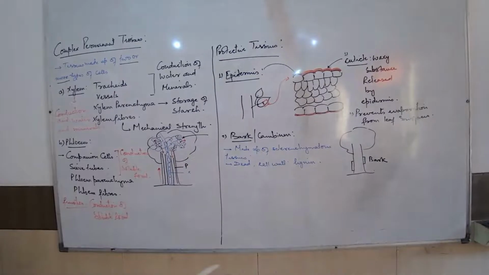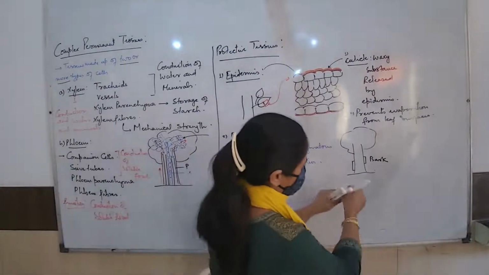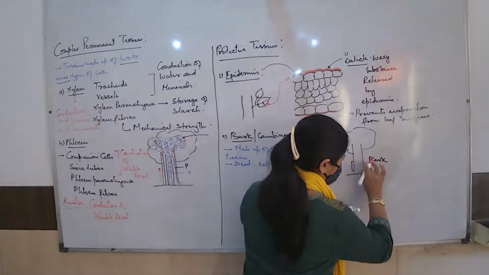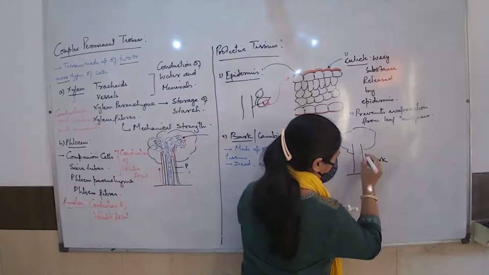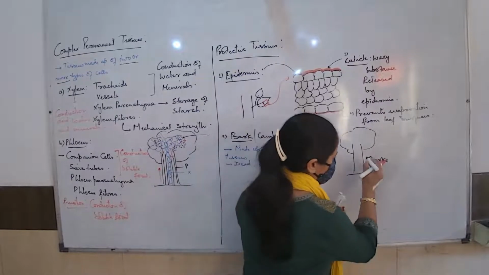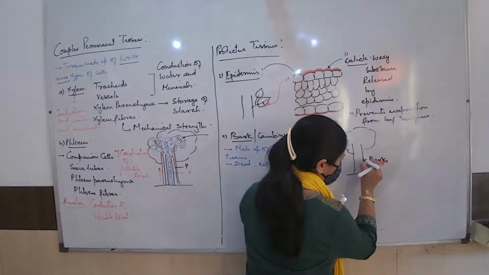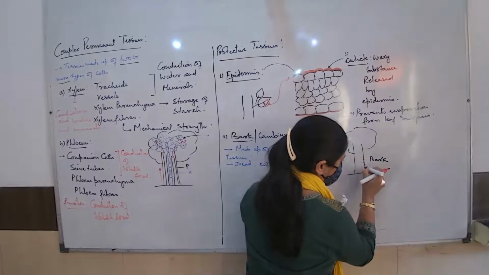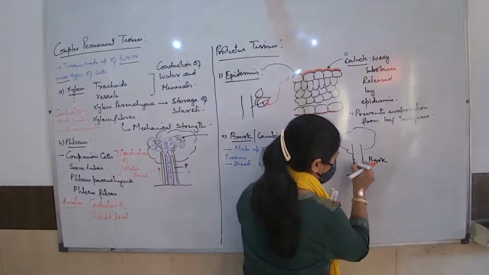But something more we try understanding: suppose I try drawing the bark tissue, something like this. When you look at the entire plant, you see that the bark has some openings.